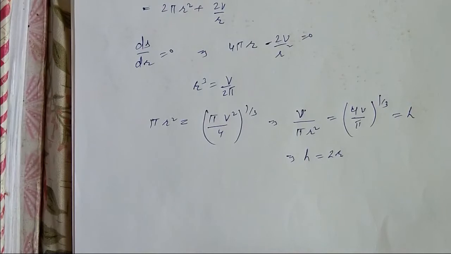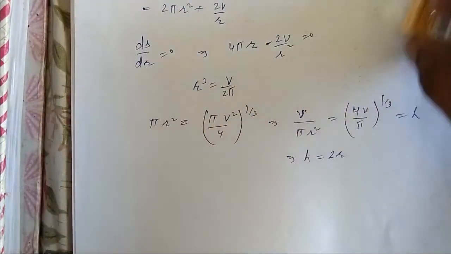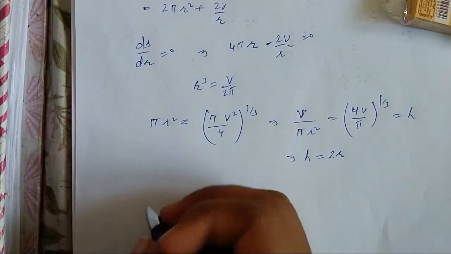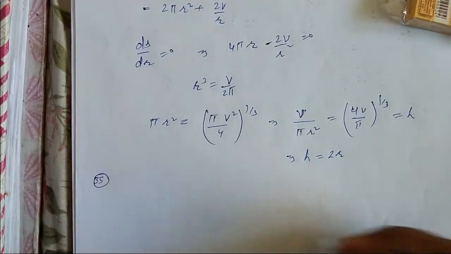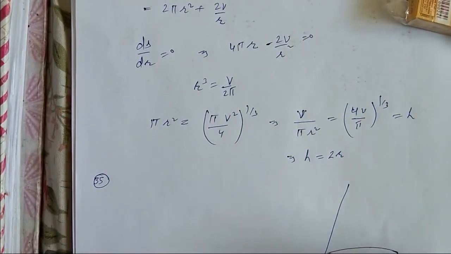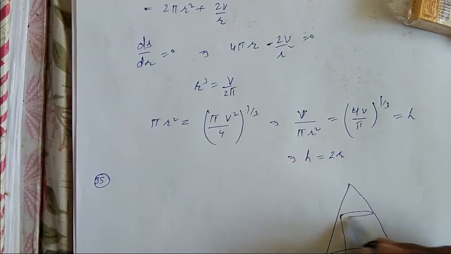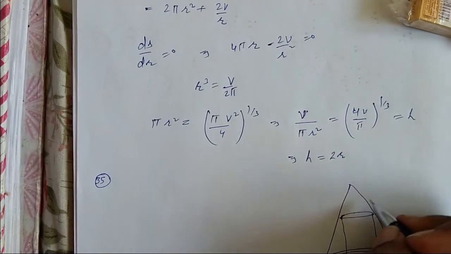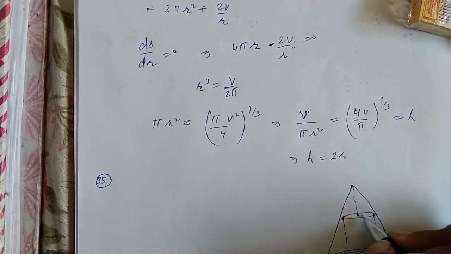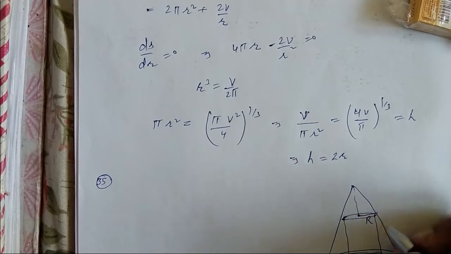A cylinder is inscribed in a cone of height h and semi-vertical angle alpha. When the curved surface area is maximum, the height of the cylinder is. So let's draw the diagram first for this question. If this is the cylinder, this is its radius capital R, this is alpha.